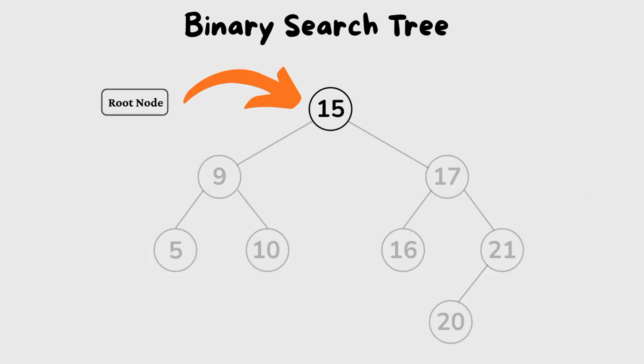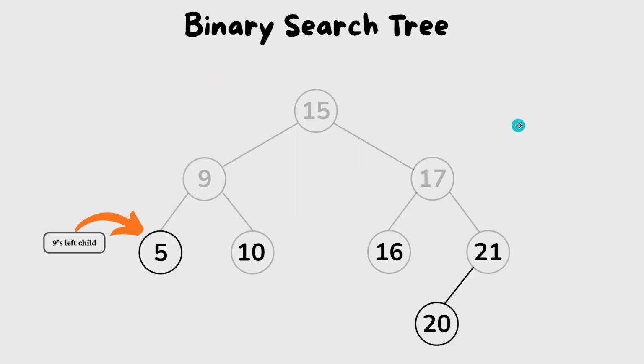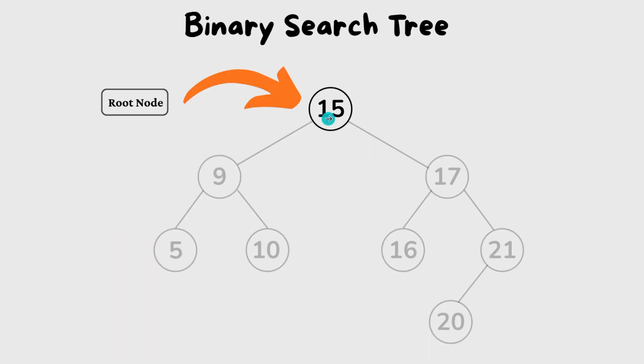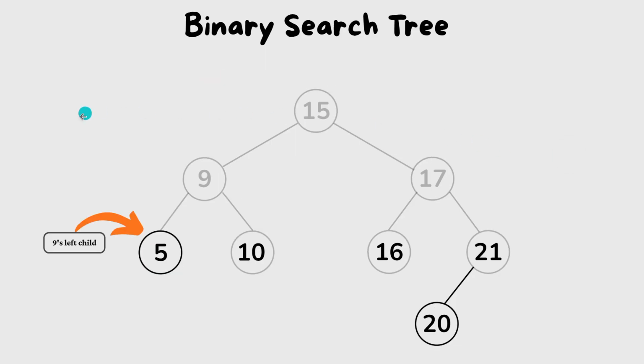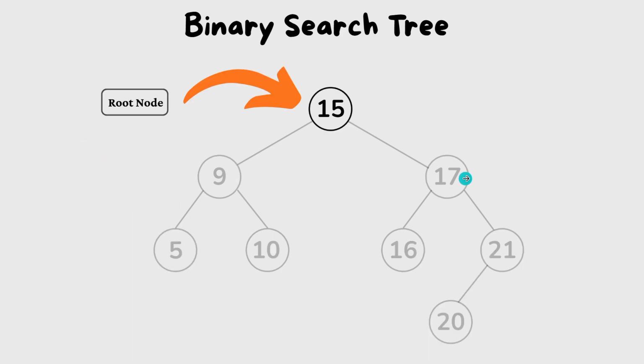So, here we have 15, our root node, or also our parent node. We have here the 9 and 17. These are the left and the right child of our parent 15.